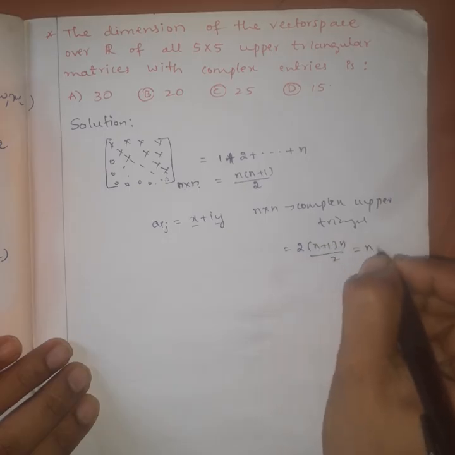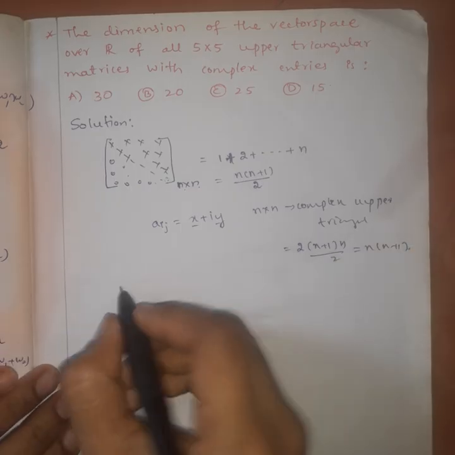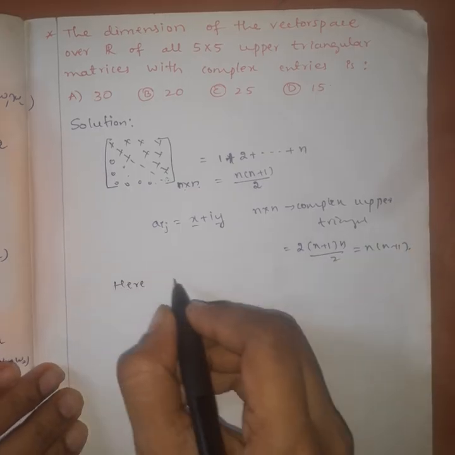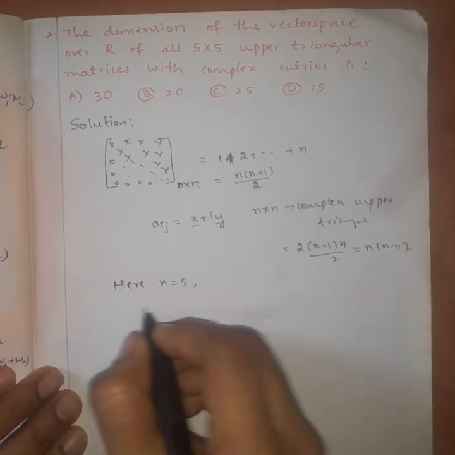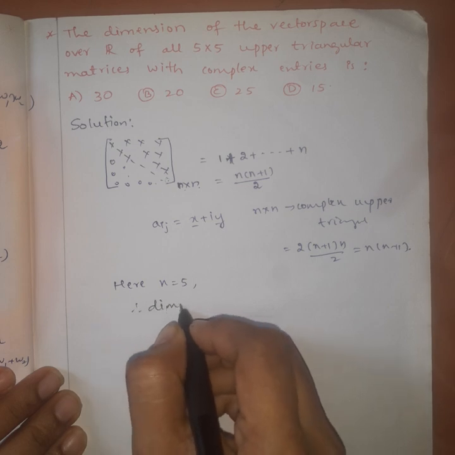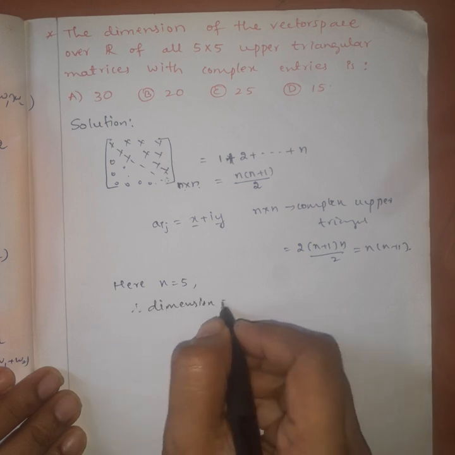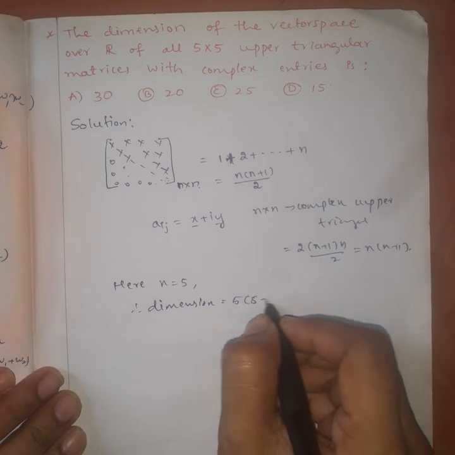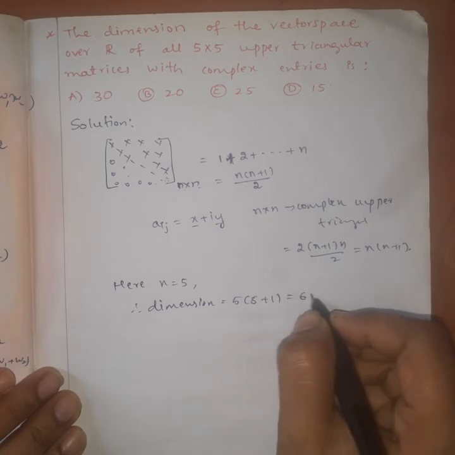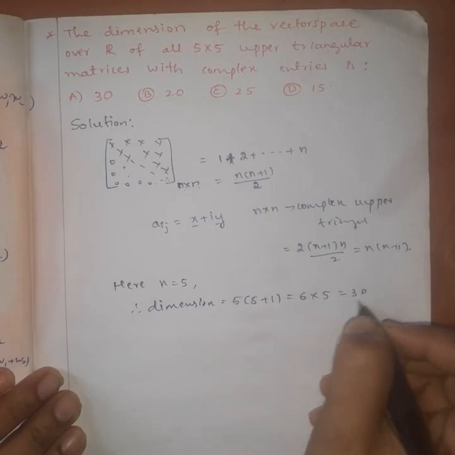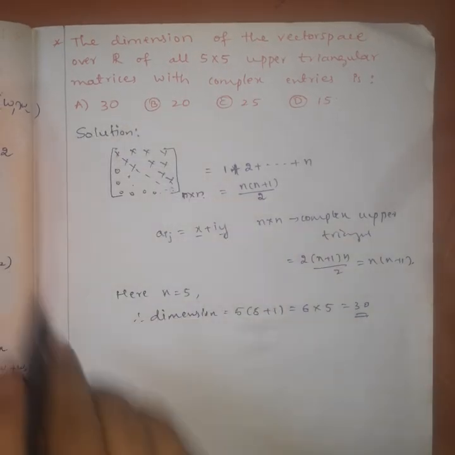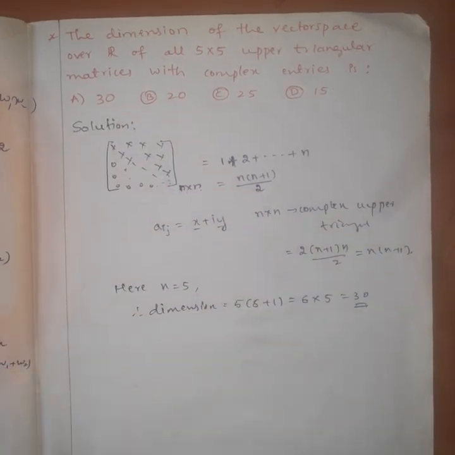So this is n into n plus 1. Here they have given n is equal to 5. Therefore the dimension will be 5 into 5 plus 1, 6 into 5, which is equal to 30. So option A is the correct answer.